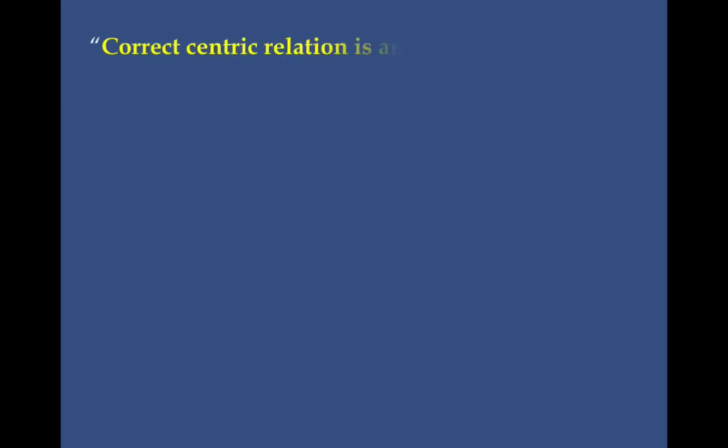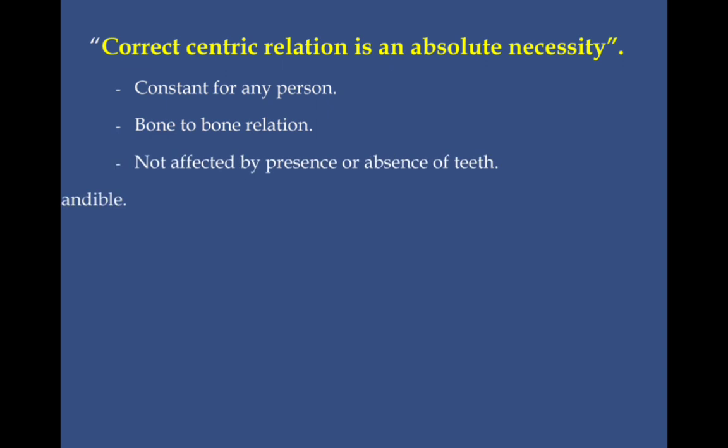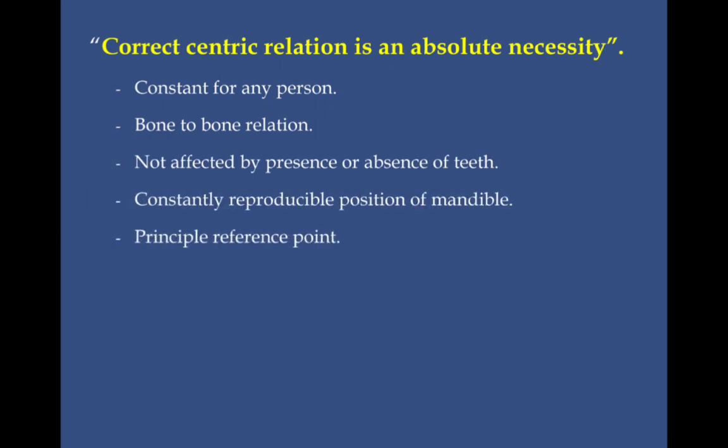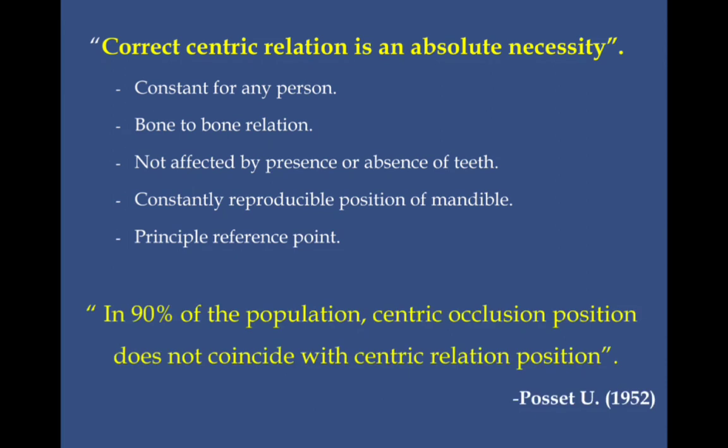Okay, so what is correct centric relation? Centric relation is absolutely necessary, as we all know, and it is crucial while developing a complete denture, because the patient has no teeth in his oral cavity and we are trying to give him some teeth. Centric relation is our point zero from where we start developing the occlusion, right?